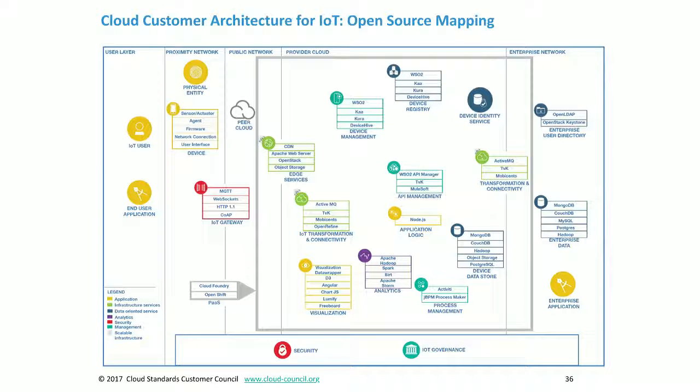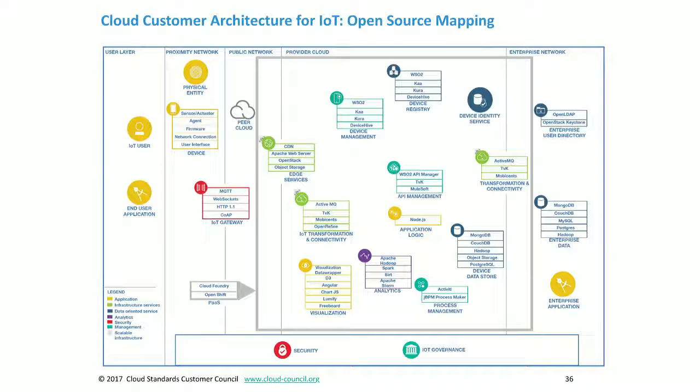Back to the provider cloud area. I will start there with API management. We have WSO2 API Manager, Tyk, and MuleSoft. These are some of the options for API management, which will help with the APIs. Basically, as Eric mentioned, some of the third-party services you can leverage from here.